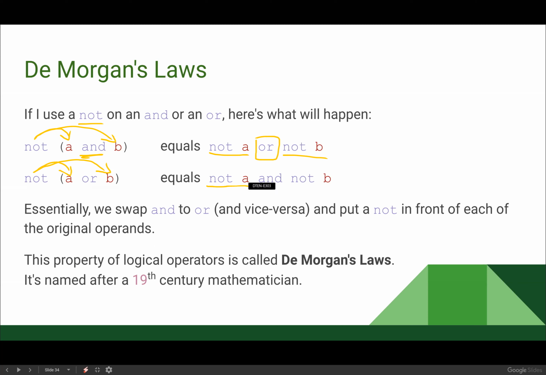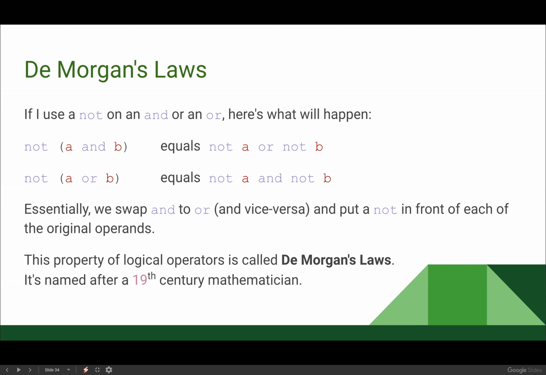So we get not A and not B, and now we've flipped the or to an and. That is how logical operators work. This property of logical operators is called De Morgan's laws, and it is named after a 19th century mathematician. I just thought you should be made aware of this before the quiz today, because otherwise it might be very confusing.